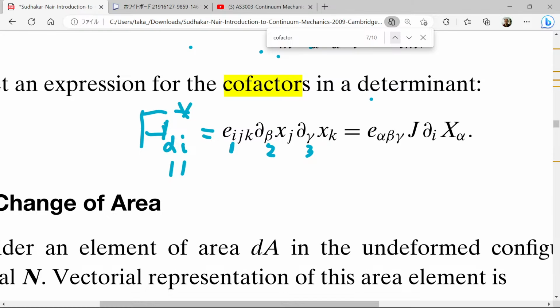IJK. I is okay, but alpha. See, there is such a table.